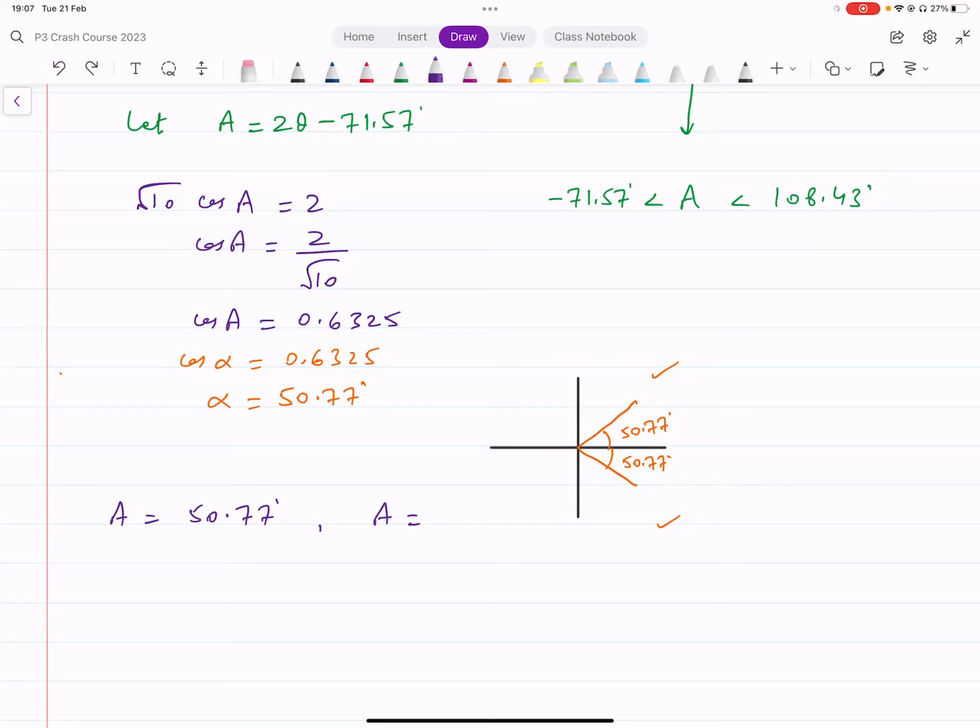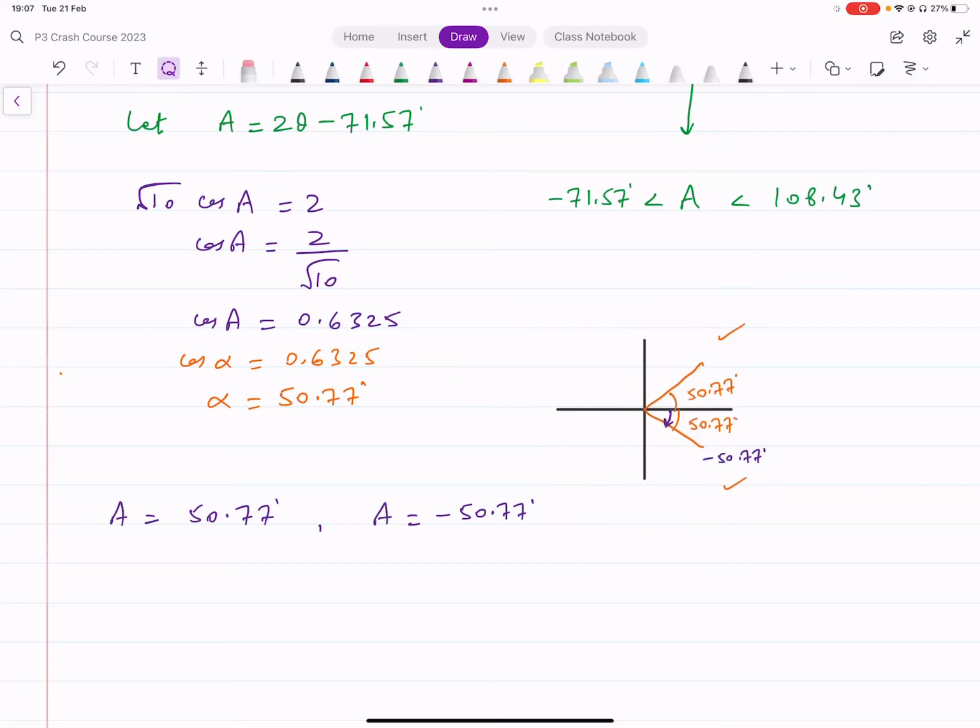However, notice that we also have negative values in the interval, so we also need to check if there are any negative angles which are in the interval. So you could go clockwise here, like this. This angle is minus 50.77 as well, if we go clockwise, and that is within this interval. So another possible value of A here could be minus 50.77. These are the two values of A that you get from this.